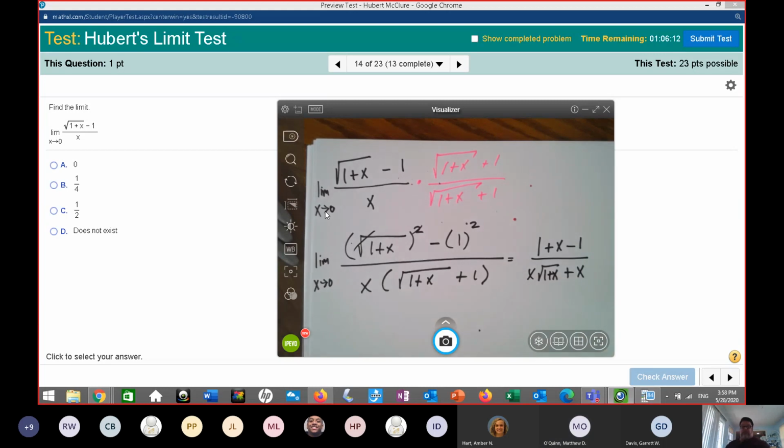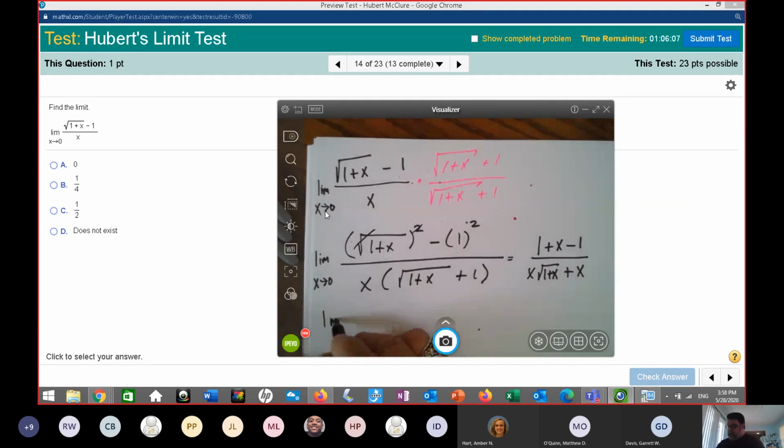Y'all make sure I did that right. Limit as x approaches 0, the 1's cancel, and that leaves you with x over x. The x's cancel.